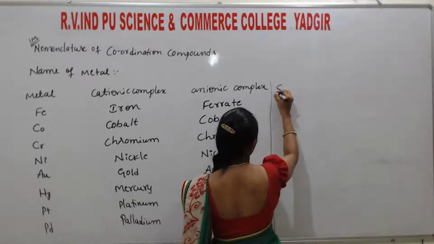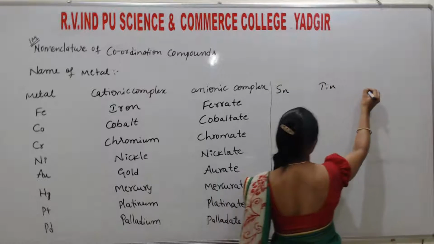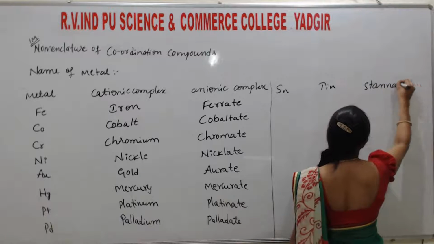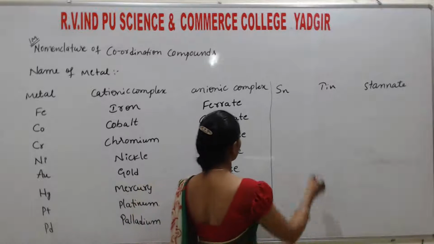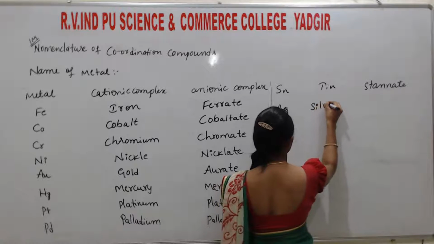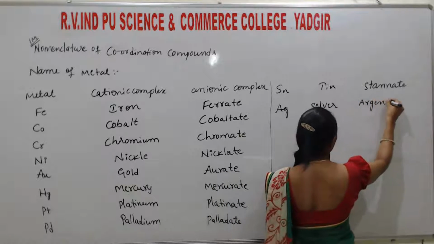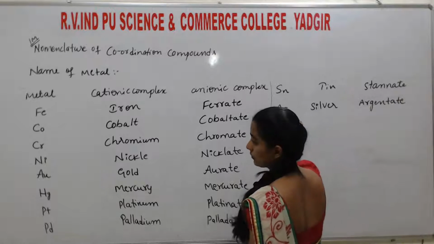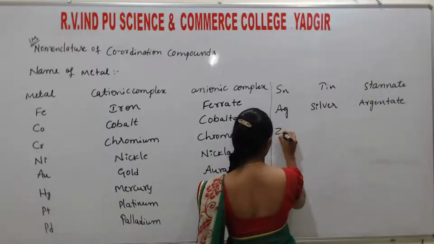Okay, similarly, if Sn is there, here it is tin, here stannate. Okay, Ag is there. Here it is silver. Here argentate. Okay.